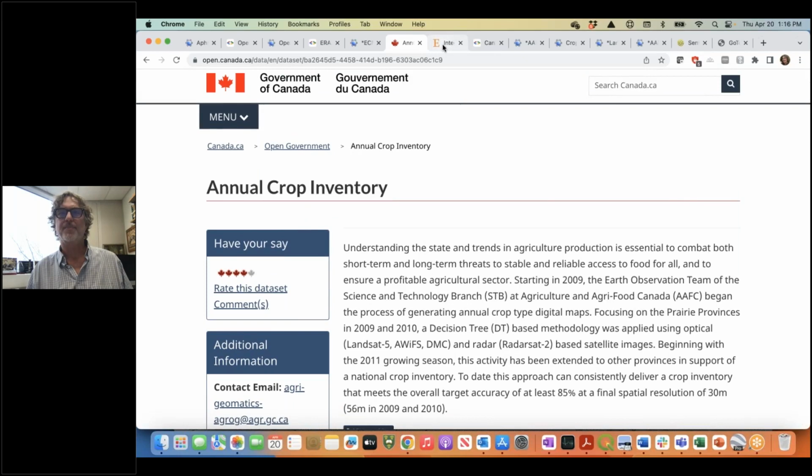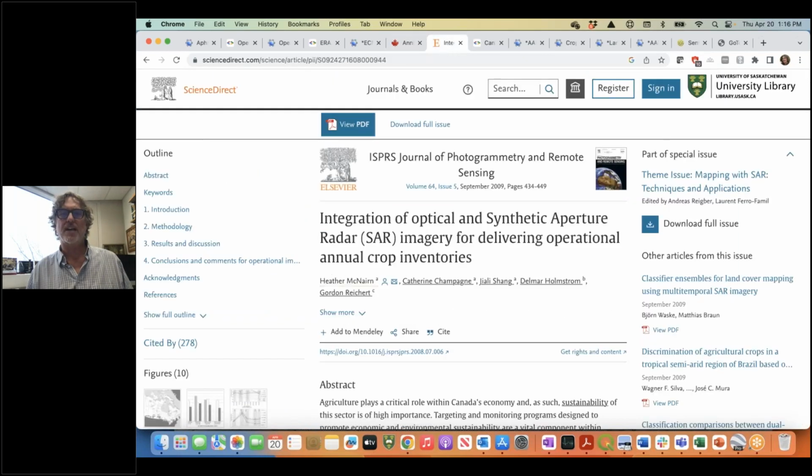Heather McNairn was the lead scientist behind this, and she figured out a way of classifying the crop type grown in a field from satellite imagery, using optical and radar satellites to determine it pretty accurately. Initially, they were about 85% accurate. Now they're closer to 95% accuracy in Saskatchewan for most crops.